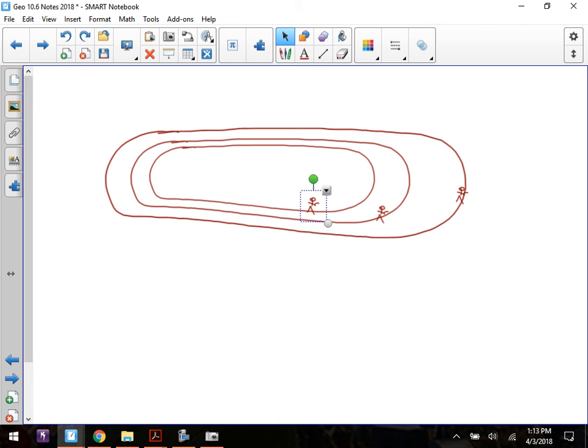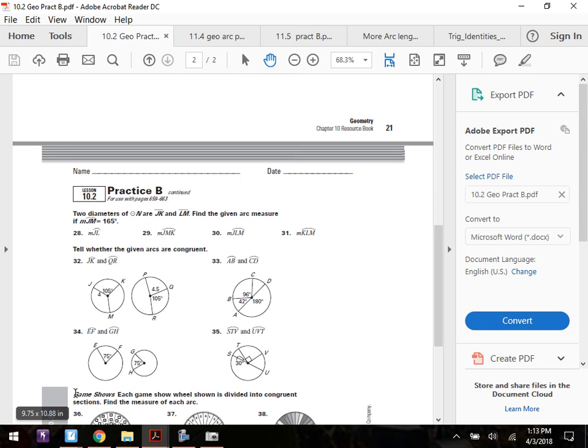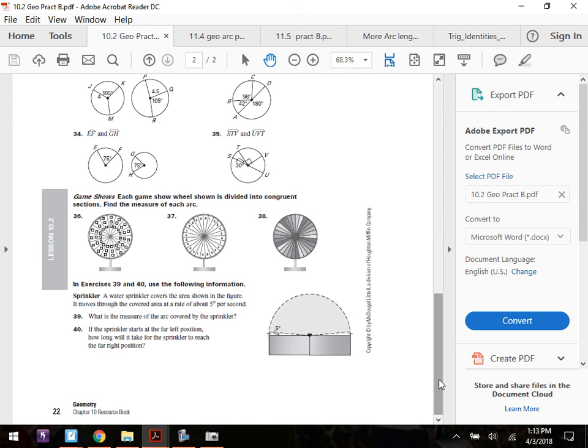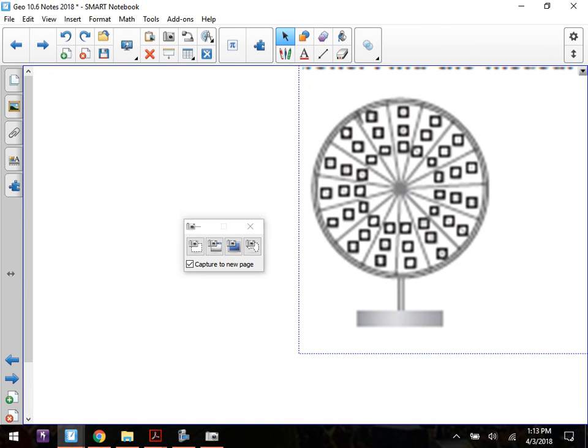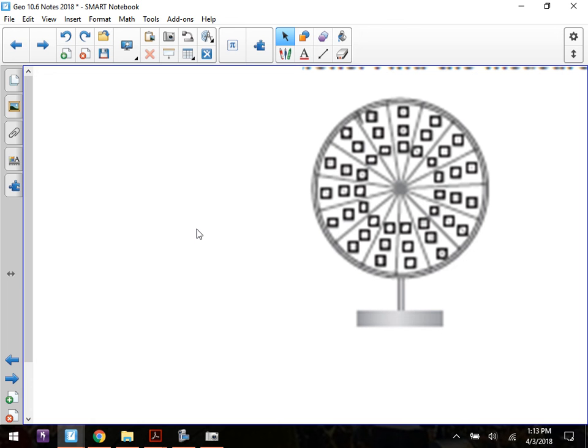Okay. Now, what I want to do here is on that same back page real quick, this is something really easy. Look at 36. How are you going to figure that out? What would you do to figure out the measure of each one of those? Well, you need diameter.